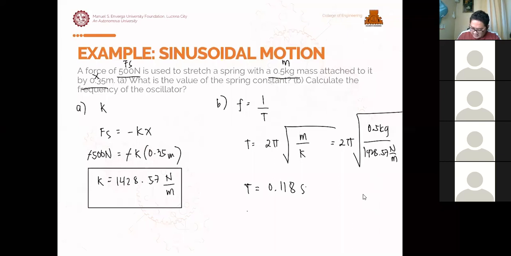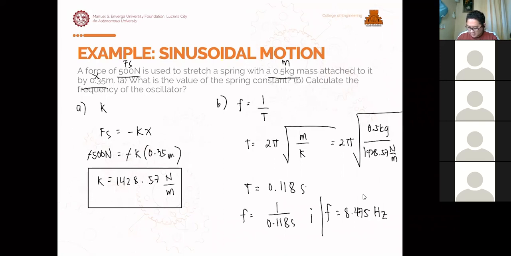Okay, then frequency natin, 1 over 0.118. So, ilan? F natin will be 8.475 hertz.